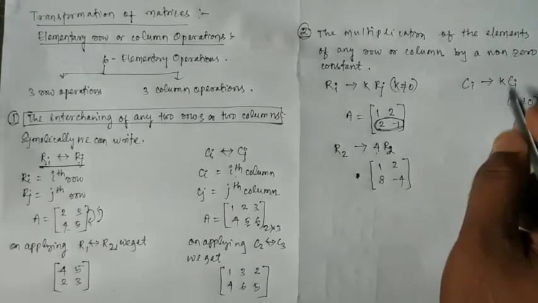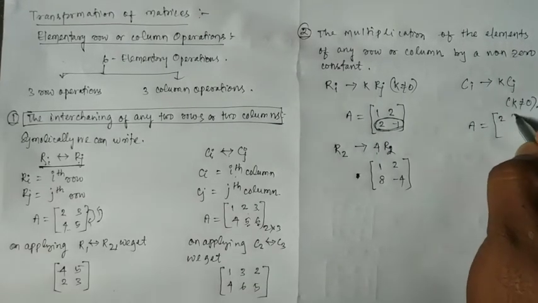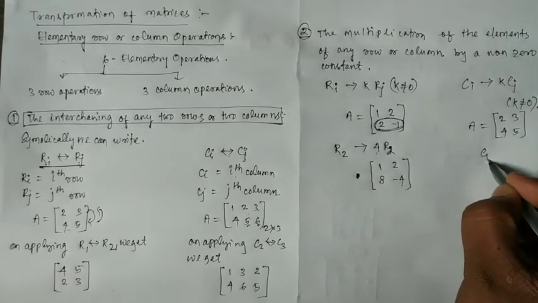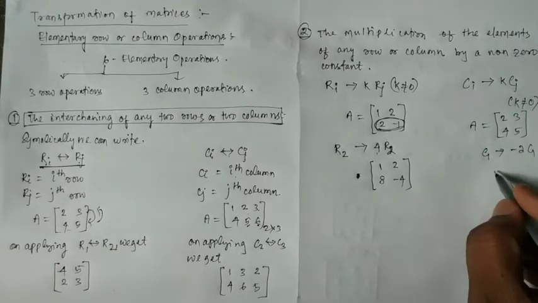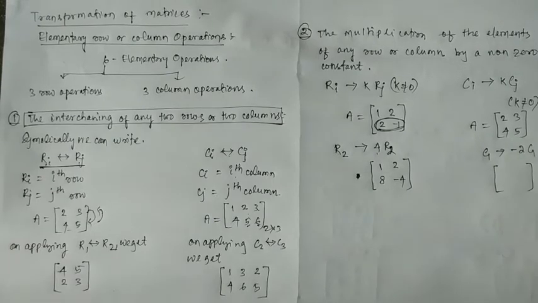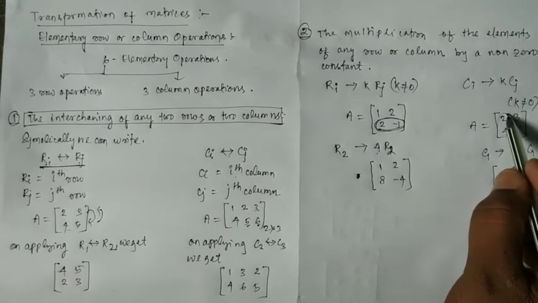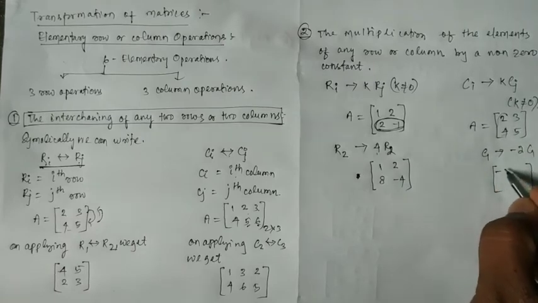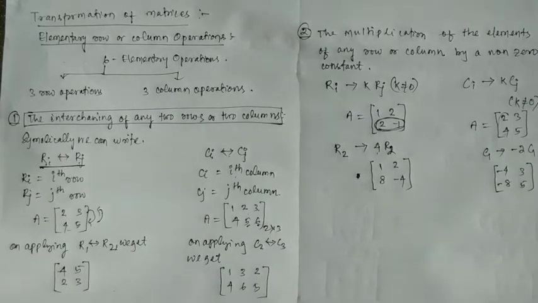Similarly, in case of column, if A equals 2 3 4 5, I am applying the elementary operation C1 replaced by minus 2 times C1, we get another matrix, where the elements of column 1 are multiplied with minus 2, so minus 2 into 2 is minus 4. Similarly, minus 2 into 4 is minus 8, here 3 5. This is the matrix.